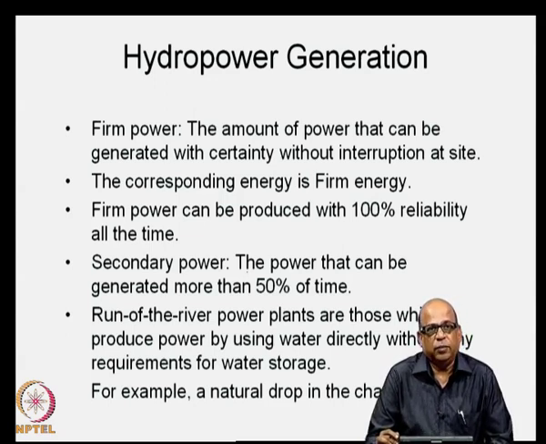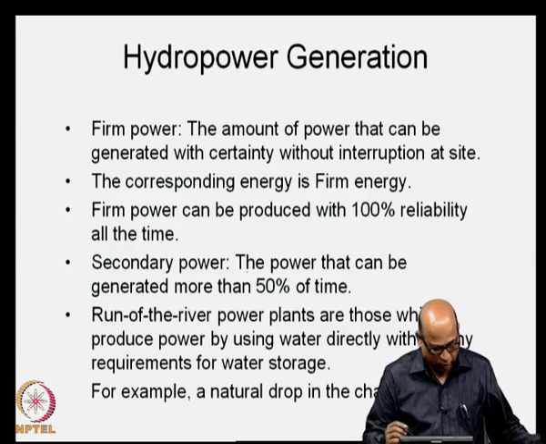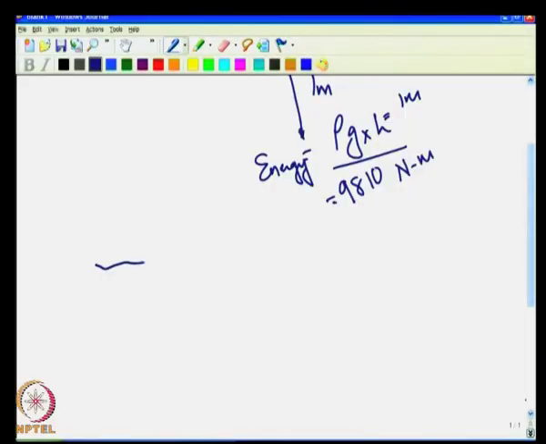Then we have a concept of the run of the river system. So, let us look at the way the run of the river systems is produced. Run of the river systems operate. Let us say there is a river and then it enters a terrain where there is a natural drop.